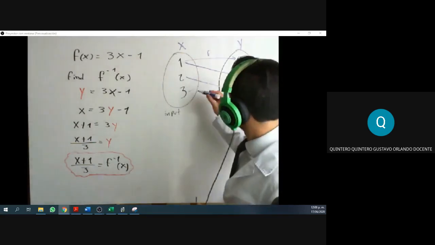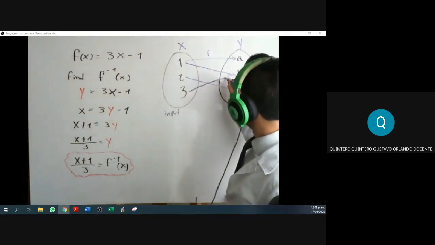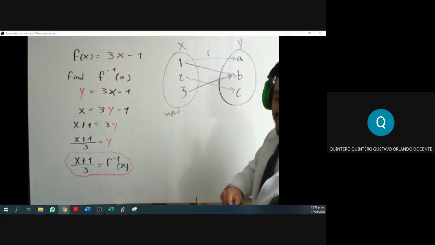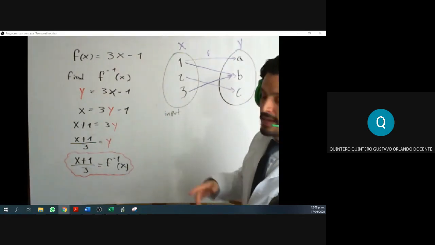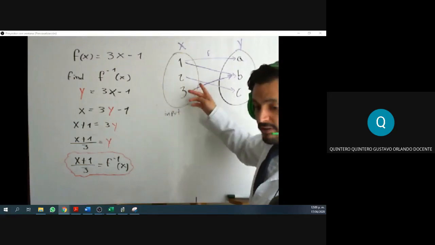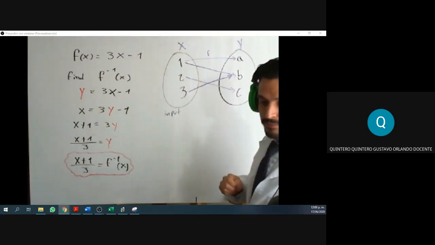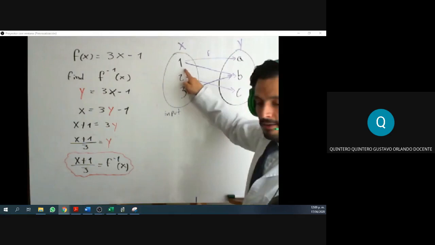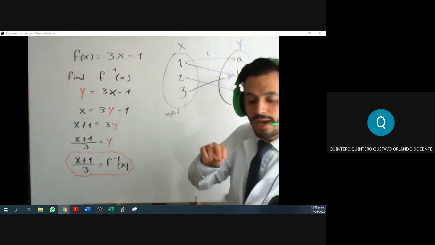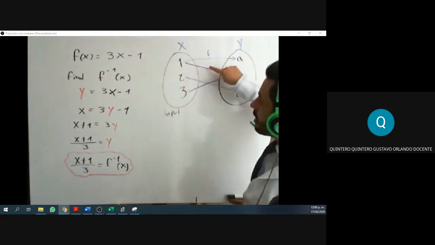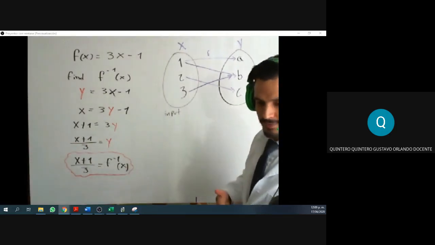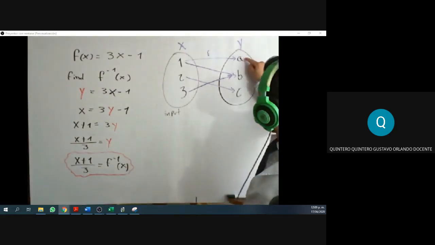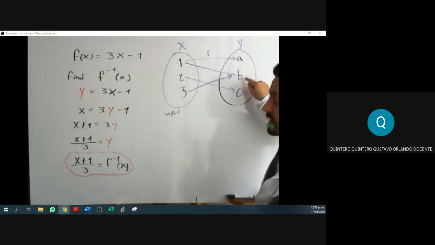You guys can see it, sorry. There. Right? The 2 and the 3 are not a problem because these 2 and 3 are related to one element. The problem is the 1. The 1 is related to 2 elements. 2 arrows are coming out of the 1. The 1 has 2 images. That is how we call the digits or the elements on the other set.